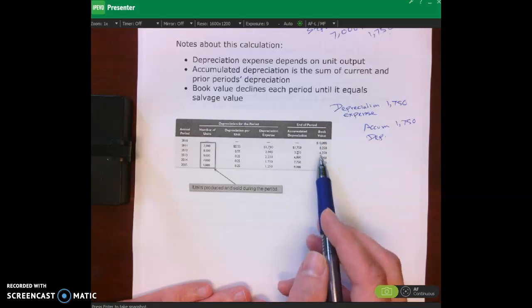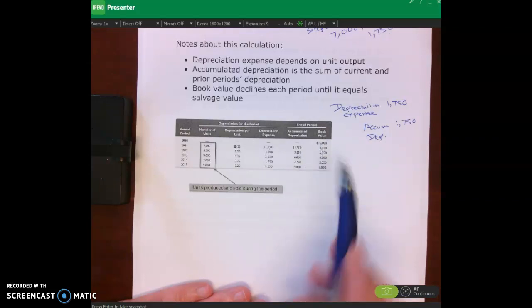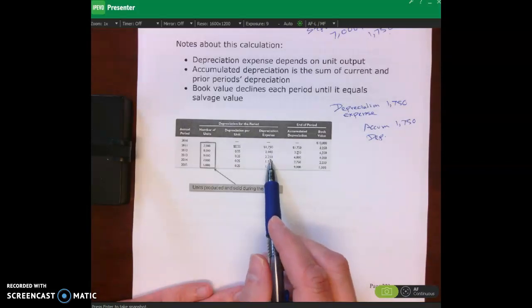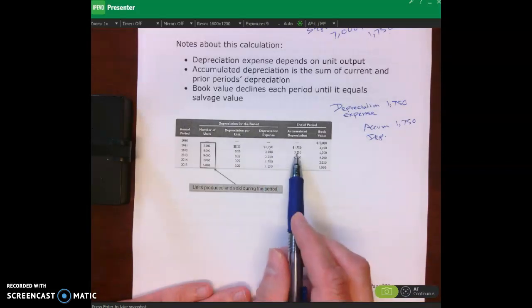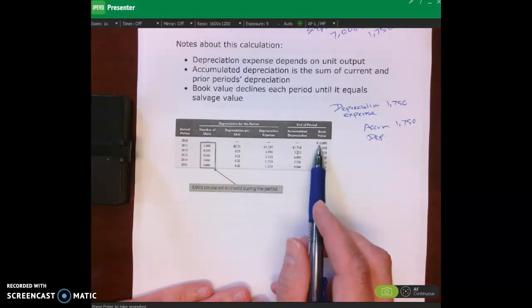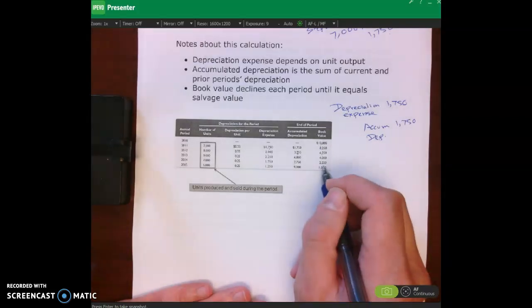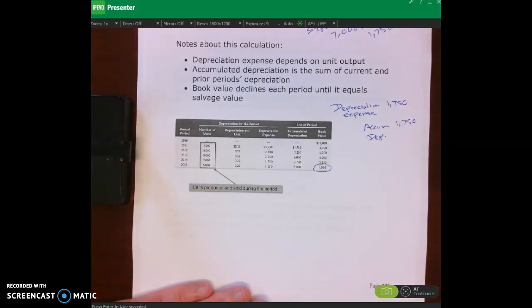Subtracted from our initial cost gives us our book value after year 2 of $6,250. And then in the third year, I have depreciation expense of $2,250 plus my $3,750 gives me $6,000. Subtracted from my initial asset cost gives me my book value of $4,000. Okay. And then just like before, I don't depreciate below that salvage value. Okay. So I stop at the salvage value.